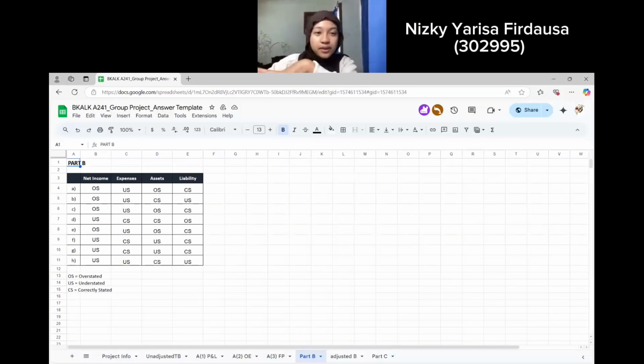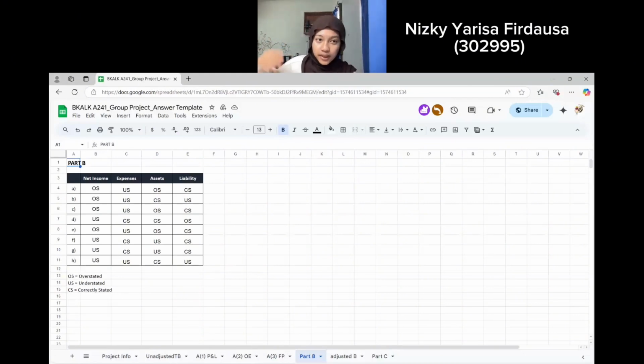Part B is asking about the analysis of the information, like errors or missing adjustments, and all of this can affect the accounting equation or net income for the company. So this adjustment entries is made to correct the omission and ensure that all accounts are accurate.